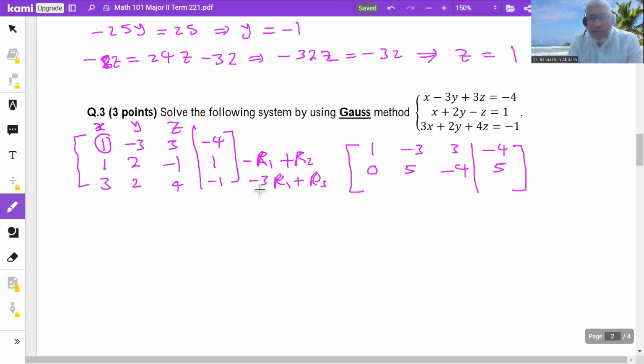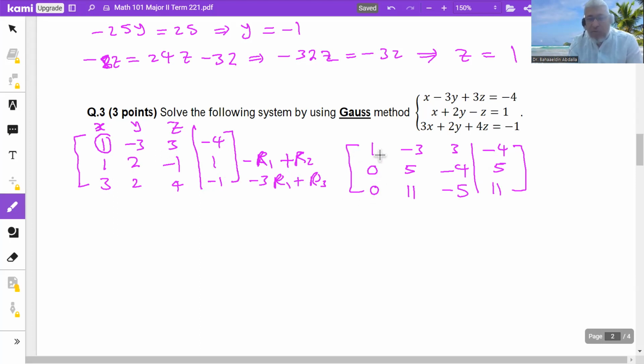The second transformation, -3 times 1 is -3 plus 3, you have 0. -3 times -3, that's 9 plus 2, you have 11. -3 times 3, -9 plus 4, that's -5. And -3 times -4 is 12 minus 1, that's 11. And now I finished the first column.